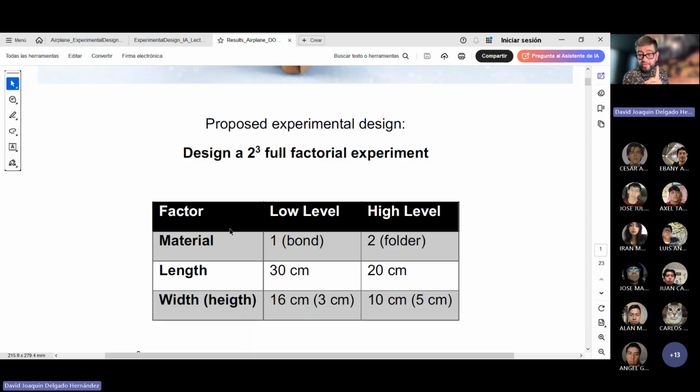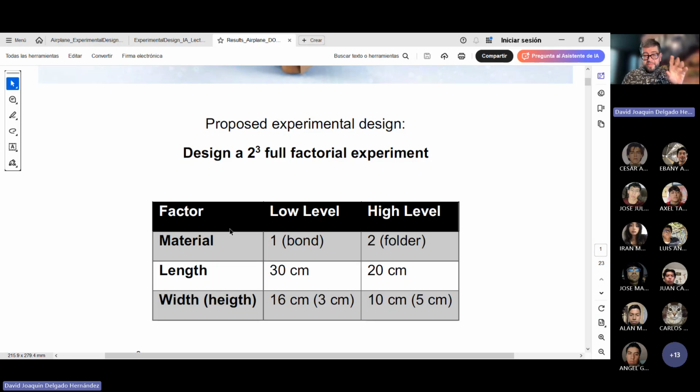The first factor or variable would be the material, and we have two levels: bond paper and the folder. Bond will be represented by number 1, and the folder by number 2. Then we will have the length, with two levels.